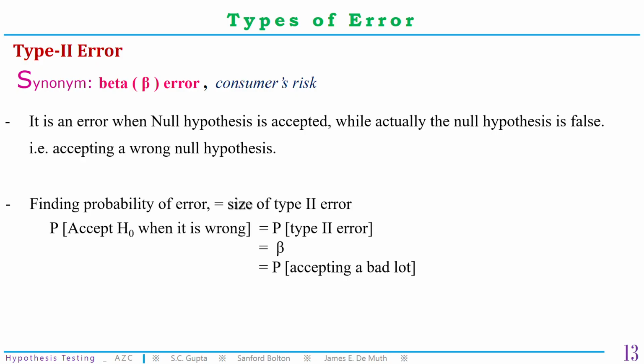Finding the probability of error is the size of type 2 error. The probability of accepting the null hypothesis when it is wrong is equal to the probability of type 2 error. That is equal to beta. That is equal to the probability of accepting a bad lot.